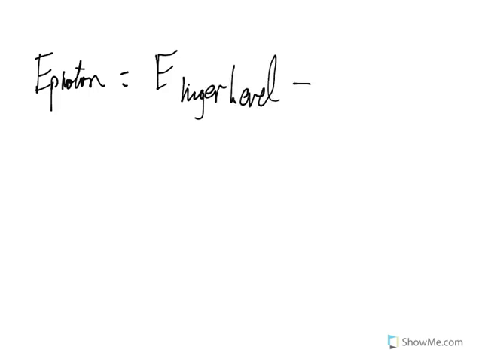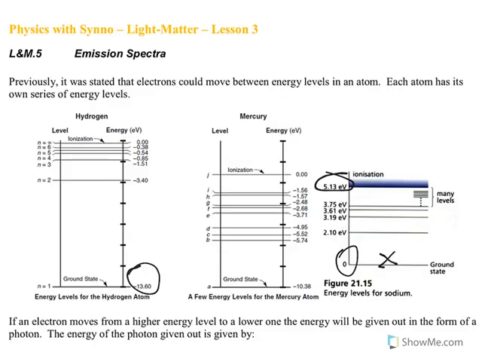If an electron moves, the energy of the photon that's required will be the energy of the higher level minus the energy of the lower level. It doesn't matter which way of describing that we use, whether the hydrogen one where it's negative 13 down there, or the sodium one where it's 0 in its ground state.